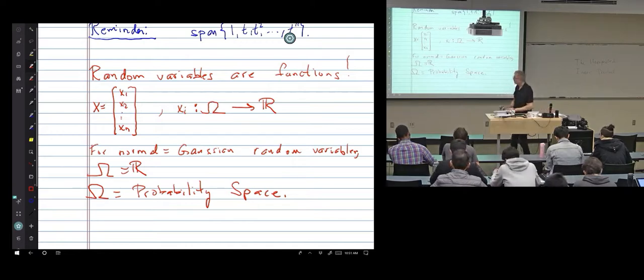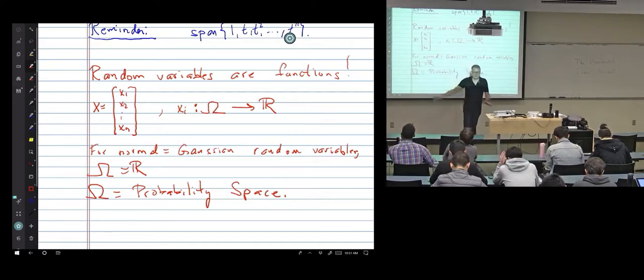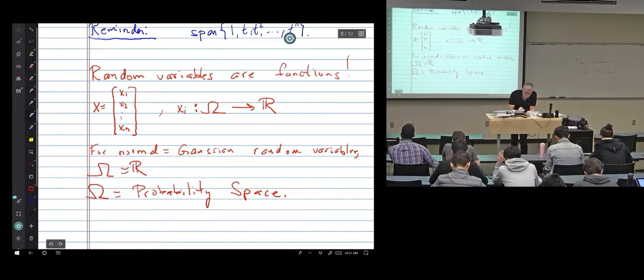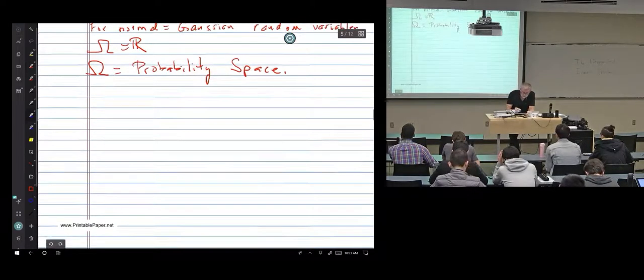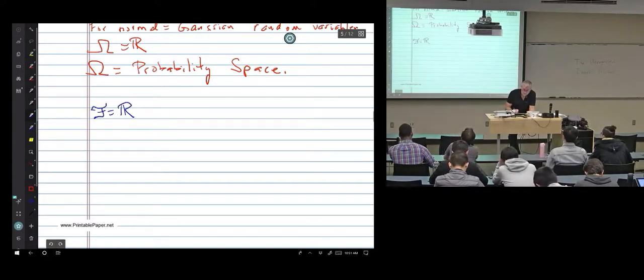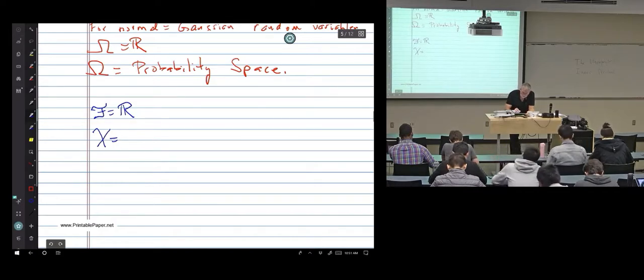So I just want you to think about the components of X as functions, and then when I write down the following vector space, you won't be freaked out. So here's my field, just the real numbers. I'm going to create a set of vectors because I want to take the span.